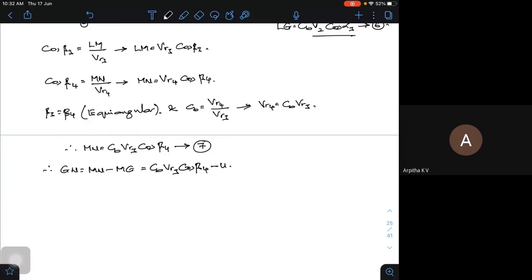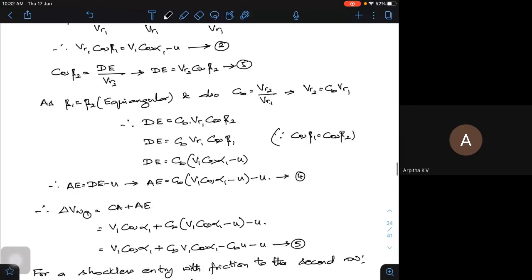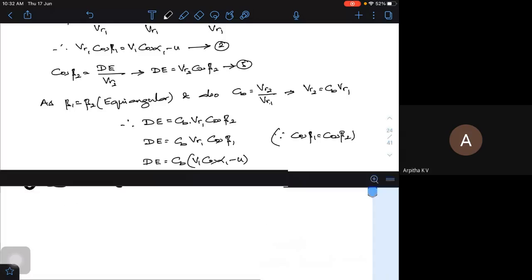Now what is cos beta 4? I can write it in a similar way to what I did for AE. What is your VR3 into cos beta 3? I can write it as beta 3 equal to beta 4.